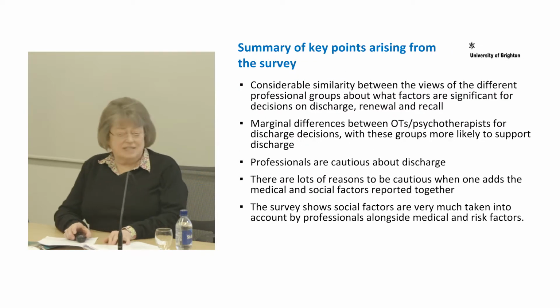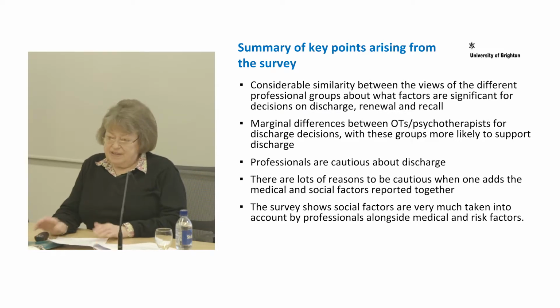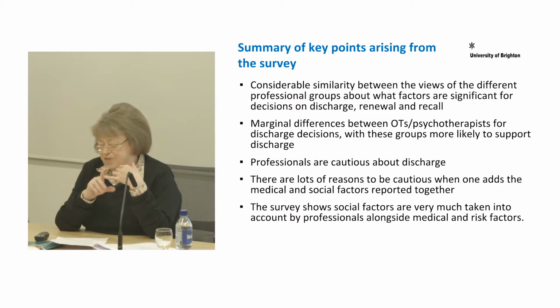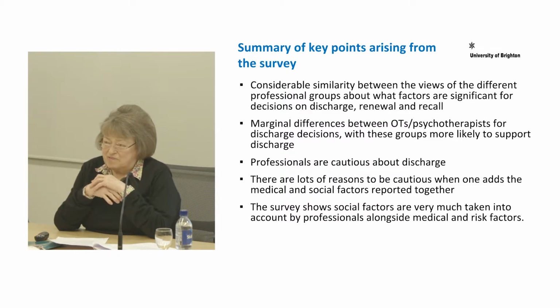So just to summarise that, we didn't find big differences between the different professional groups. There was really a lot of similarity. So this major focus on taking medication, risk to self, risk to others. The occupational therapists and psychotherapists were more laid back about discharge decisions than the other groups.